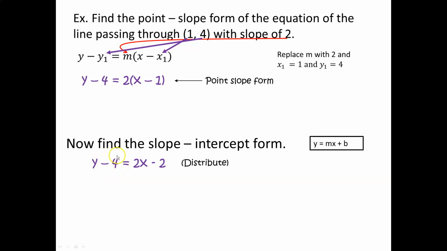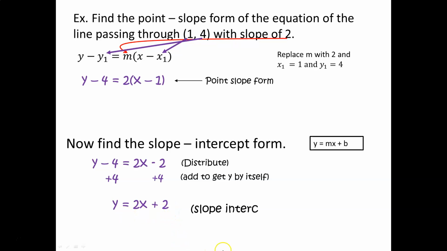How do we get rid of minus 4? Oh, we add 4. So we're adding 4 to both sides. That'll clear up this mess over here. Write this down: add to get y by itself. And we end up with y equals 2x plus 2. Et voila, slope-intercept form.